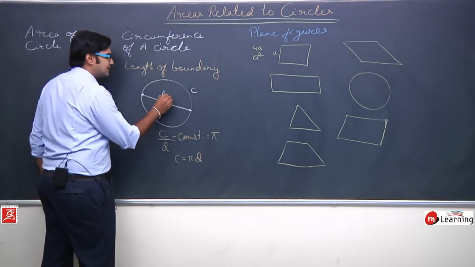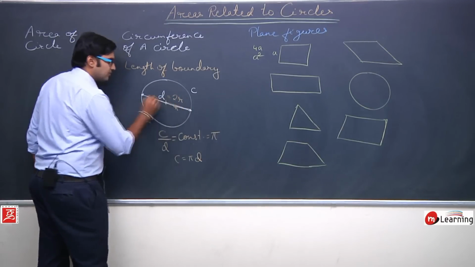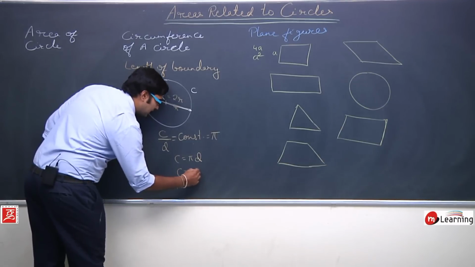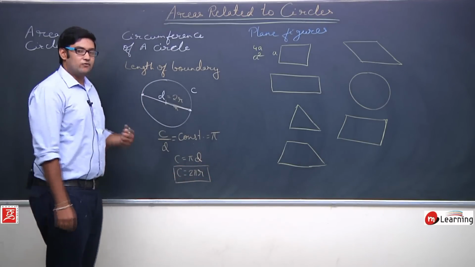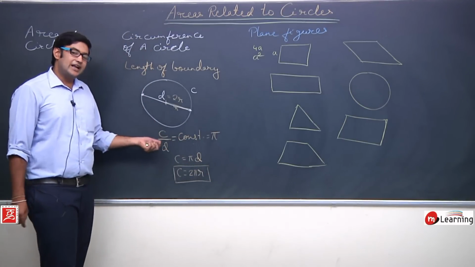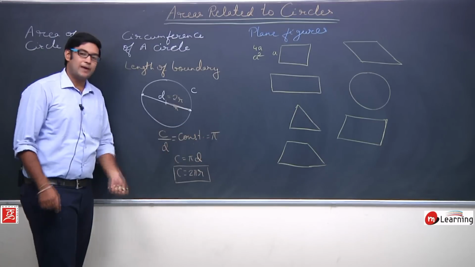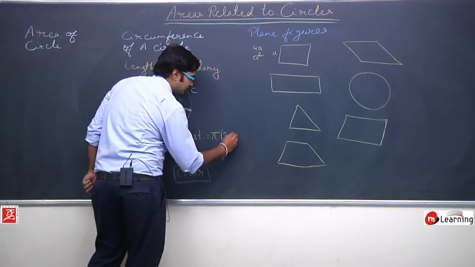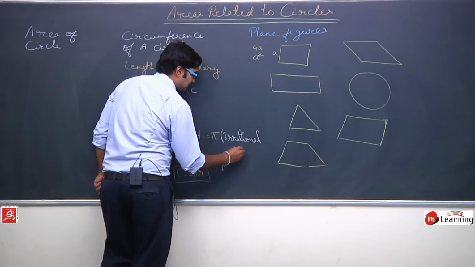Now what is d? D is equal to 2 times the radius, where r is this radius. So circumference is equal to 2 pi r. This formula you have used n number of times. It is derived from this observation that circumference to diameter is equal to pi, where pi is an irrational number.